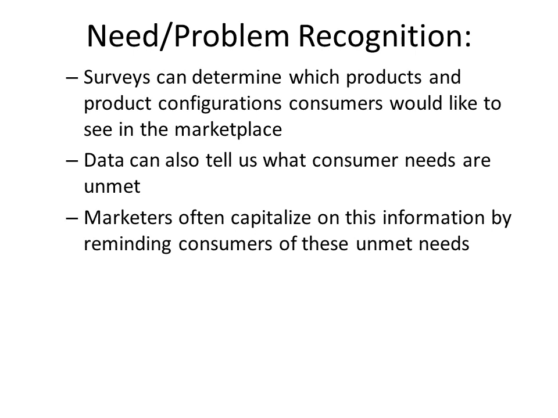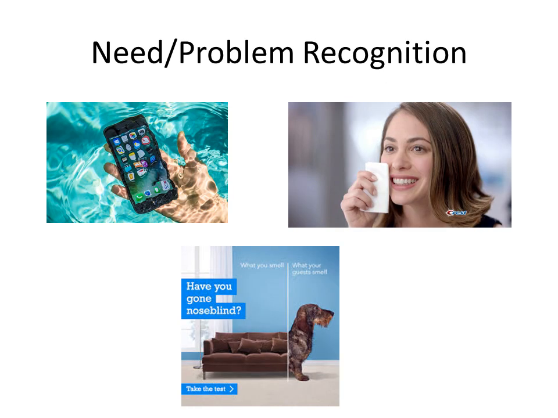For need and problem recognition, we do a lot of consumer surveys, finding out what kind of products and what product configurations consumers want to see in the marketplace. We can also find out what types of needs are unmet. And then we might capitalize on this information by reminding consumers of these unmet needs.